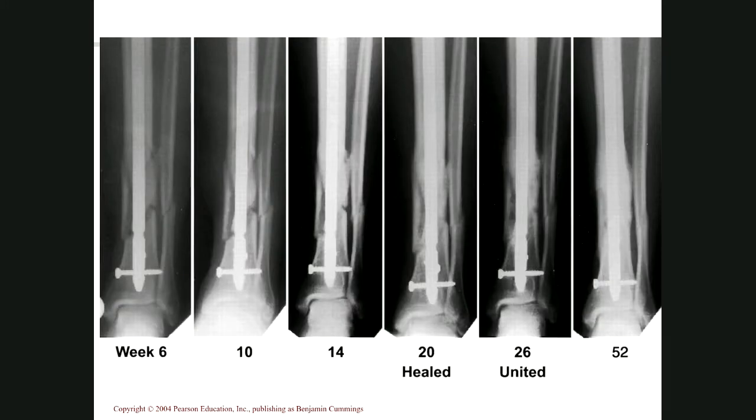Sometimes we need to stabilize the bone. So we can use a cast, an external cast. That's used a lot. But sometimes they put pins in the bone and screws to hold it in place. So this is a shaft of metal that's driven right down the center of the bone through the medullary canal.